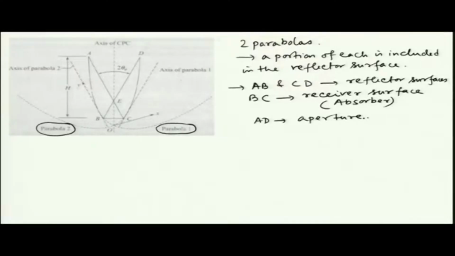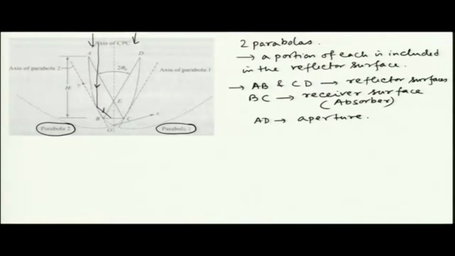So, you see that sun rays are coming through this aperture AD and they are getting reflected, so suppose a particular ray is coming like this. It is getting reflected here when it reaches the reflector, and due to parabolic nature of the surface, it will be coming towards the absorber, okay, and similarly for other rays.